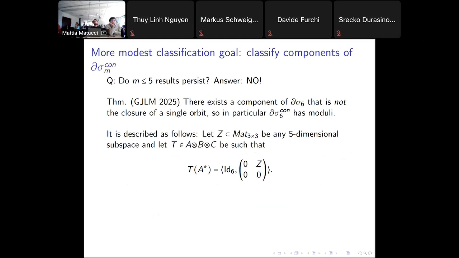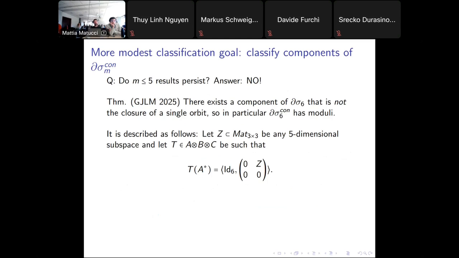And so it's not so difficult to prove that this is a collection of minimal border rank tensors. What is more subtle to prove is that this actually gives a component of the boundary, that there's enough of these tensors to fill out a codimension 1 subset of our variety.